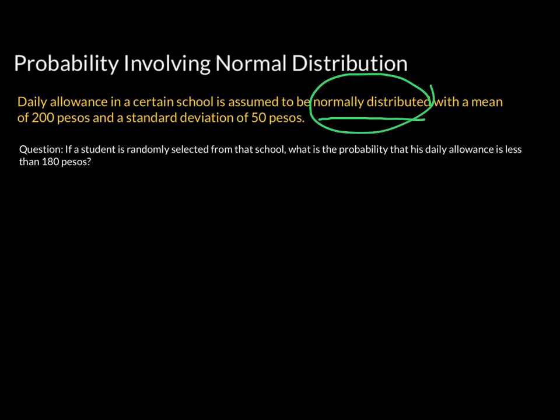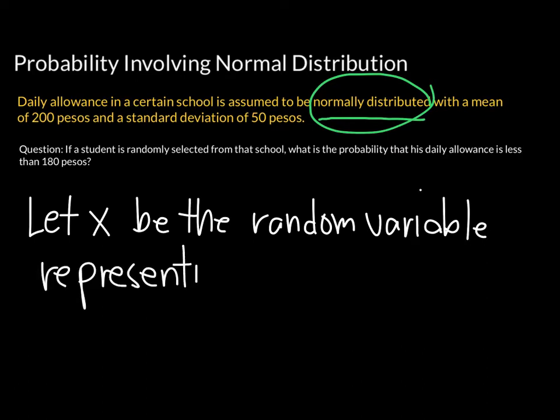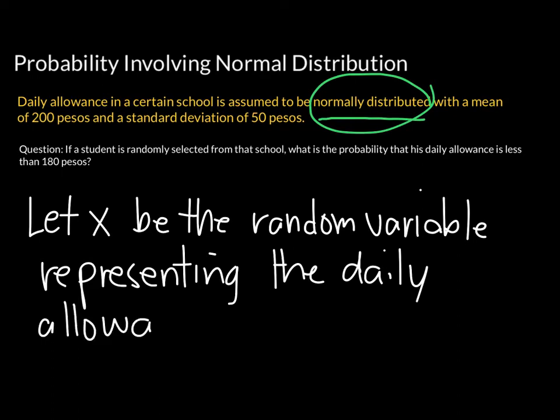The first thing that we have to do is to assign a random variable x. So we say let x be the random variable representing the daily allowance of the students.